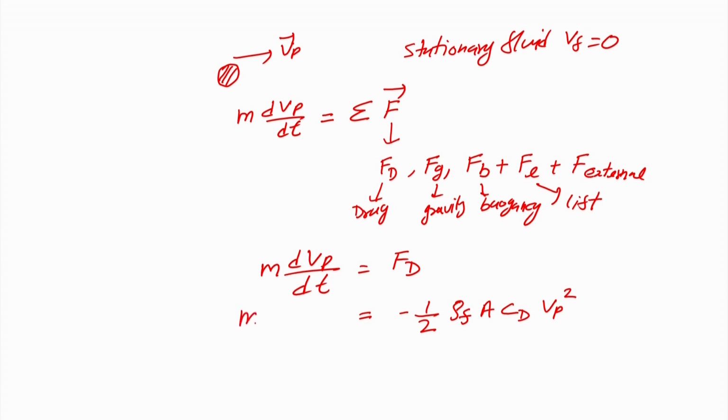This is m dV p upon dt. Now, what we can do? The m is the mass of the particle, which I can write in terms of rho of particle into volume of particle.